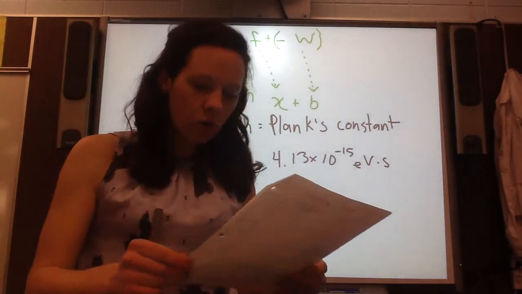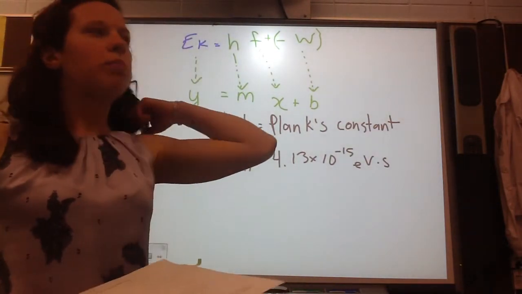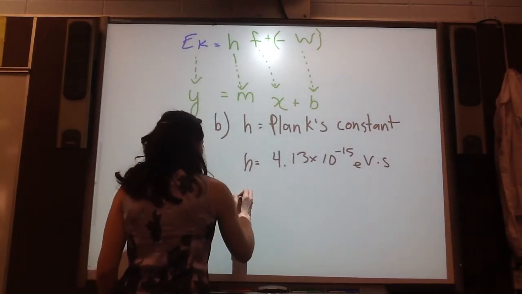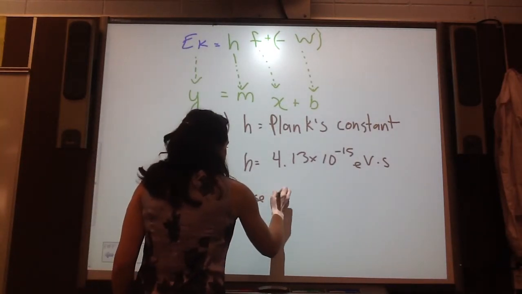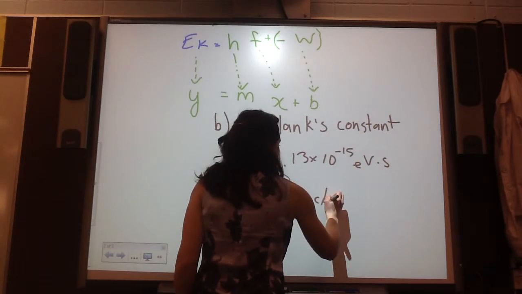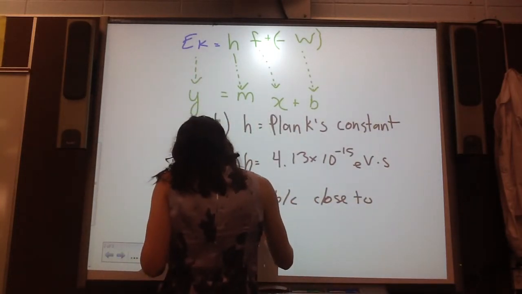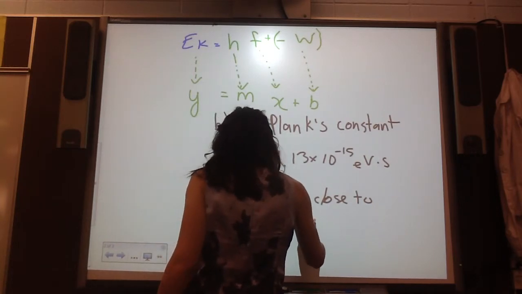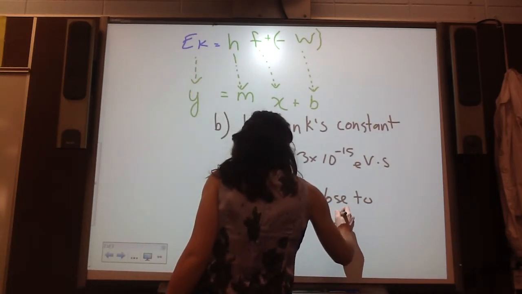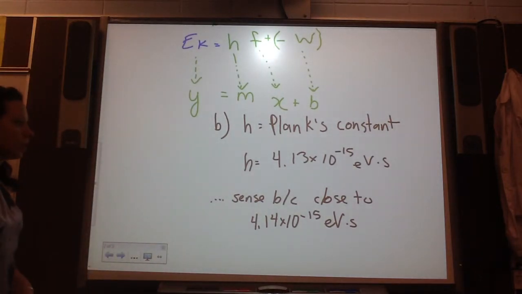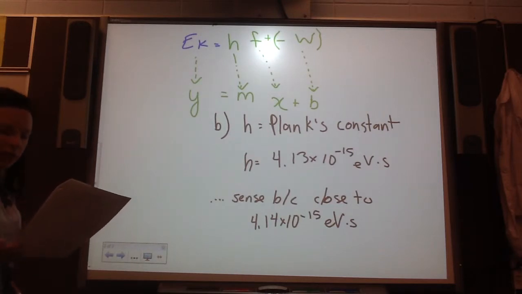That makes sense because it's close to our actual Planck's constant, which is 4.14 times 10 to the negative 15 eV times seconds. So every slope of these types of graphs should be about the same.